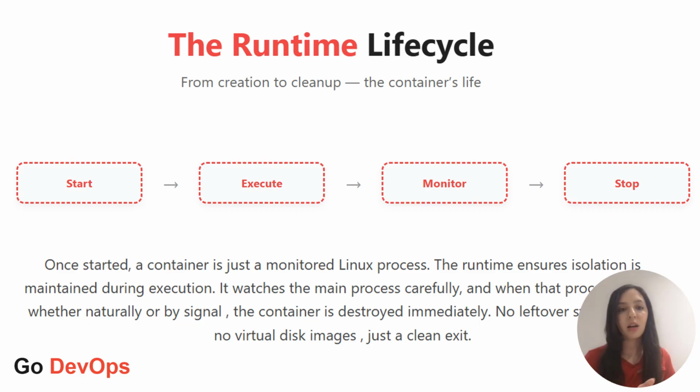Next comes the execution phase, where the app inside the container runs just like any normal Linux process, but completely sandboxed. And throughout this phase, the runtime is actively monitoring the container, so it watches over its state, enforces restrictions, and ensures that the container stays isolated and healthy.